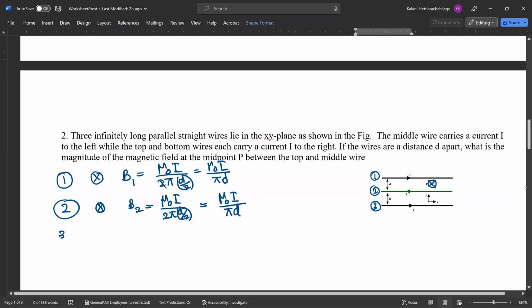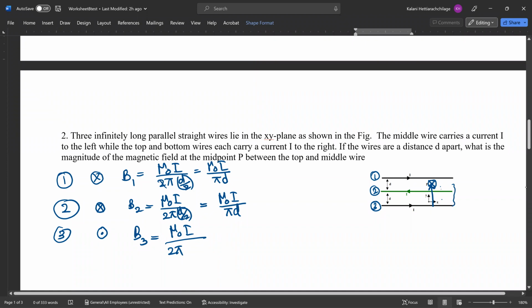Now number 3: the current is to the right, so the magnetic field at P will be in the outward direction. B3 will be mu naught, the same current, and 2 pi. Now the distance I need from this wire to this place is this whole distance, which is D over 2 plus D.